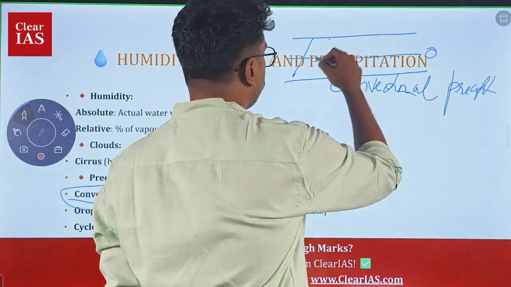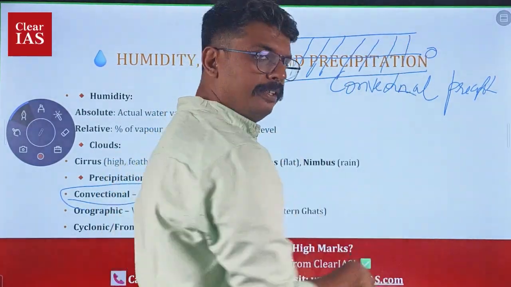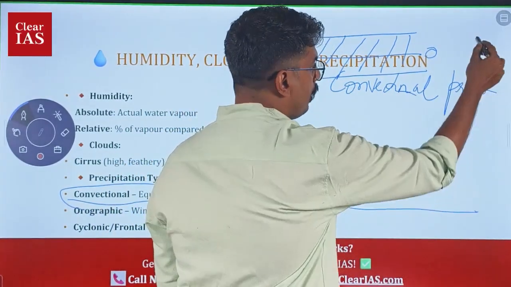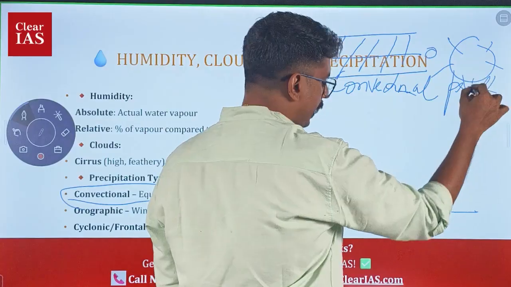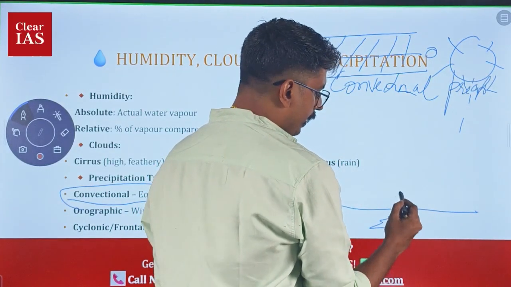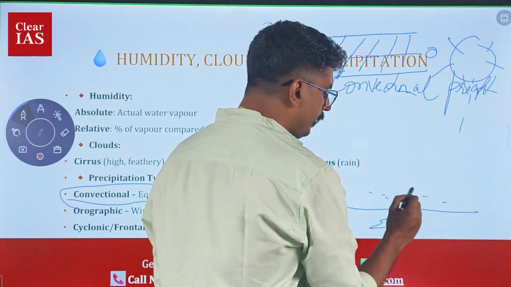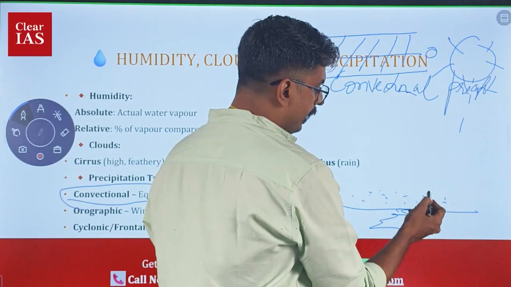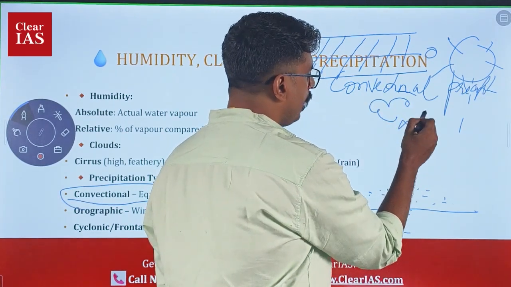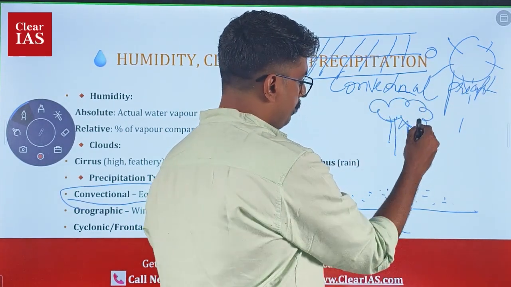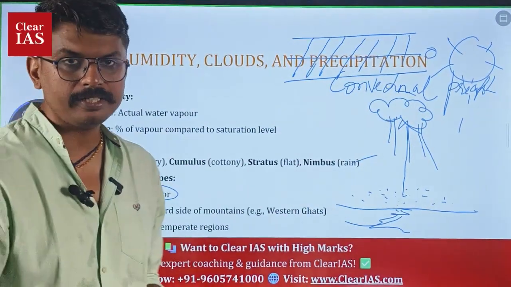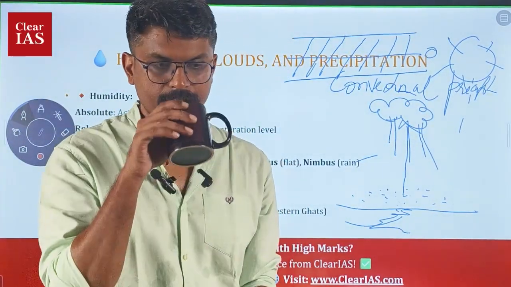So we could talk about the tropical regions, right? What happens? The land gets a lot of sunshine in the morning and the daytime. It gets heated up, and when the land gets heated up, it heats the air particles near it, and these air particles, when heated up, start rising. When they start rising, they form clouds, and this can cause precipitation. Such a type of precipitation is called convectional precipitation.